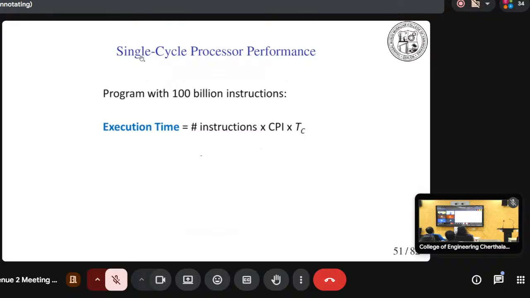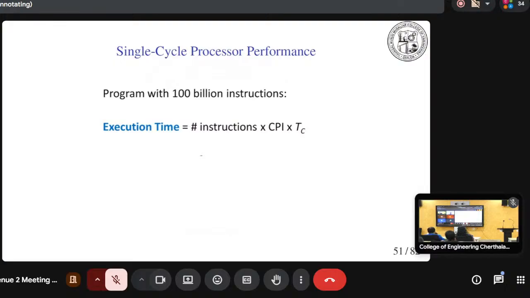Since we have a single cycle processor, it is always 1. And the cycle time is 750 picoseconds, so 750 times 10 raised to minus 12. So 75 seconds is the total execution time for a single cycle processor. So remember this value is 75 seconds.